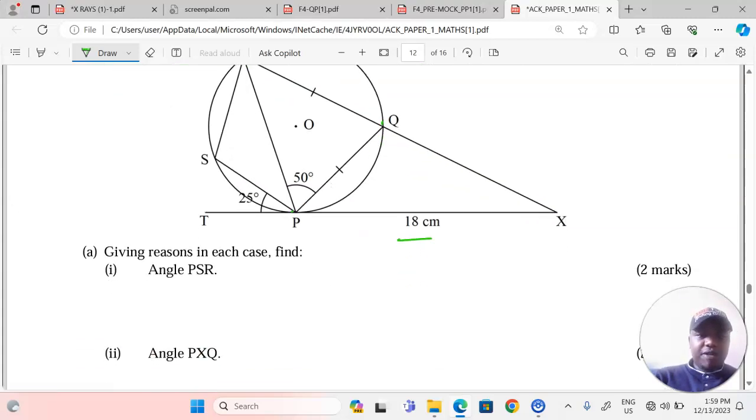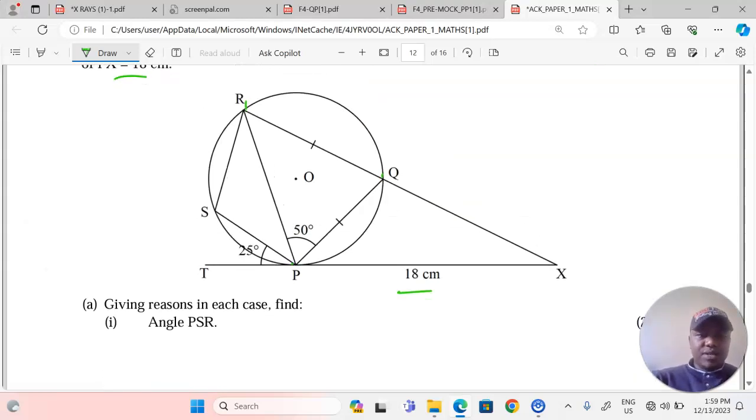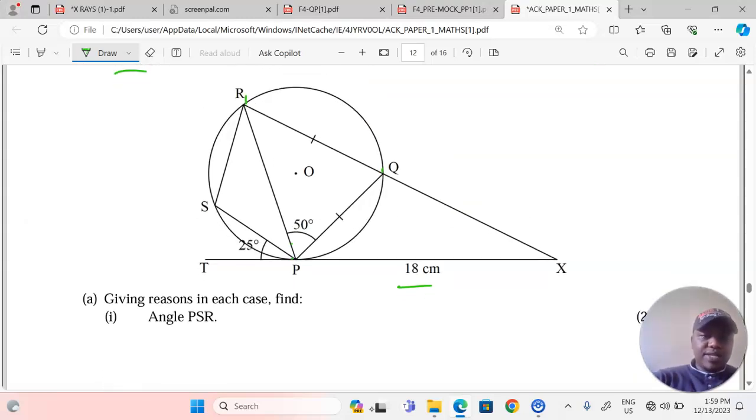The first thing to be found is the angle PSR, the angle at this point. Remember, we have already been told that these two lengths are equal.